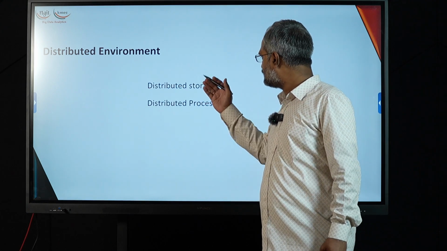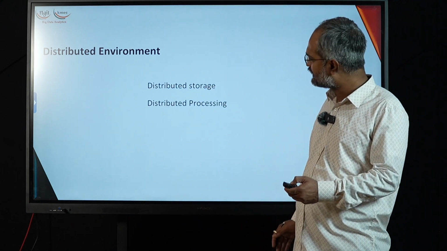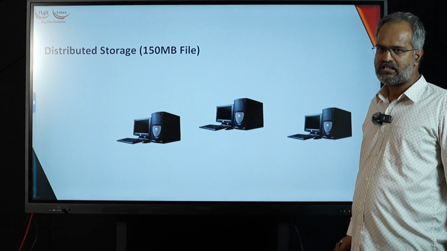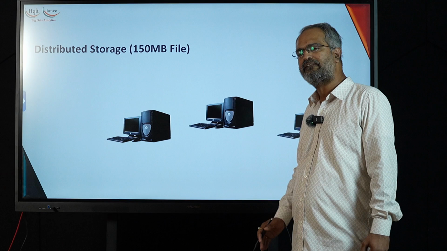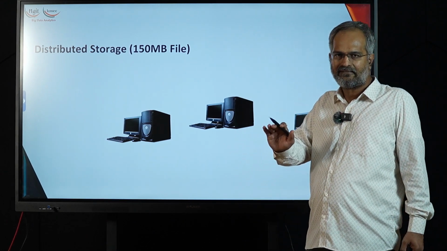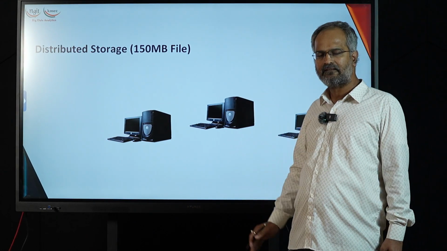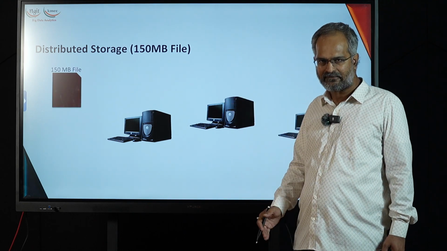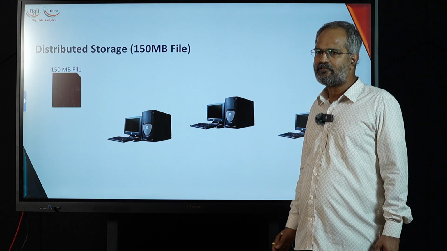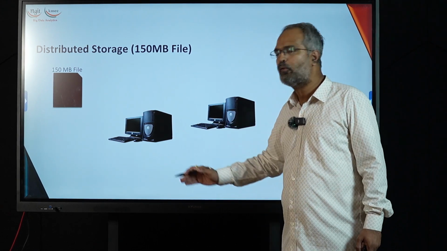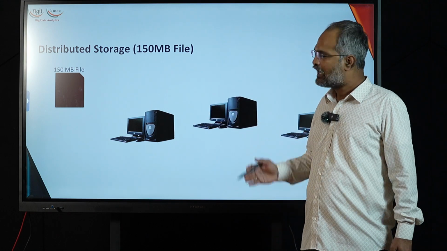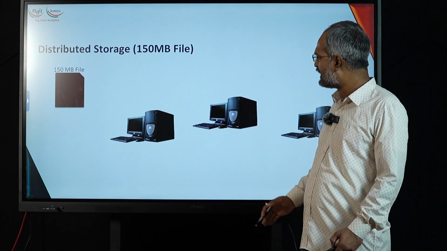So let us concentrate on the distributed storage. Now in this we have a number of machines available. All these machines are servers only. They are not a client server architecture. All these are servers. If you have a data file of 150 MB, let us say, that 150 MB file has to be distributed over the cluster. We can call it a cluster, a collection of machines. How can we distribute the 150 MB data?